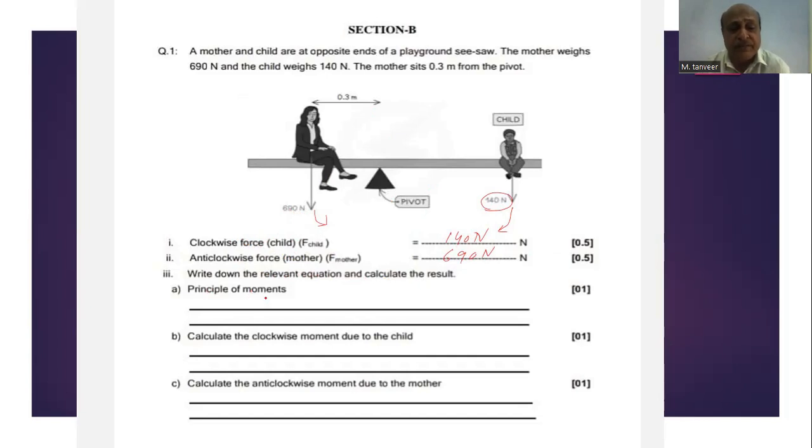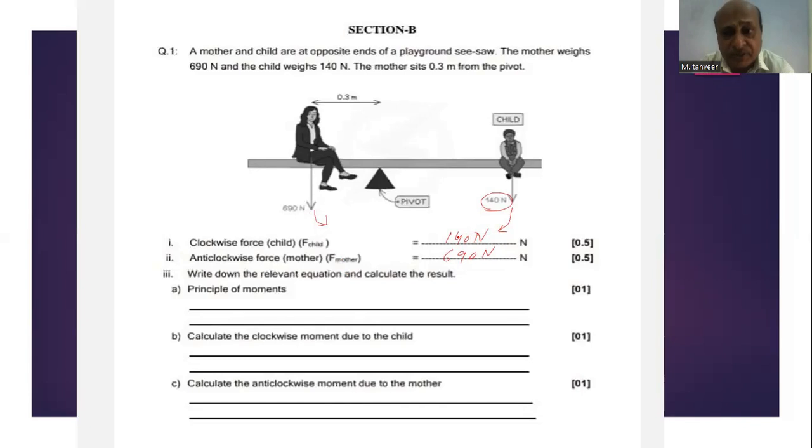Number 1. Principle of moment. What is the principle of moment? It is given in the theory book. That means clockwise moment equals anti-clockwise moment, or you can write clockwise torque equals anti-clockwise torque. Torque or moment of force are the same thing.